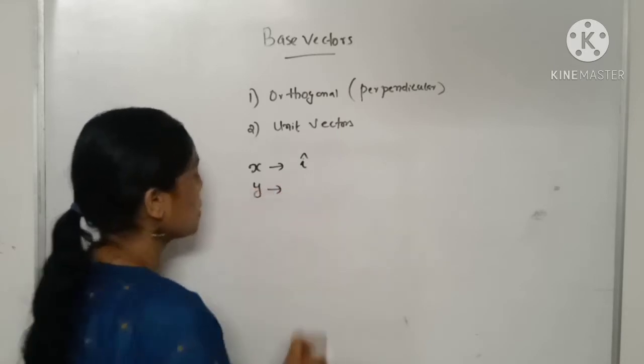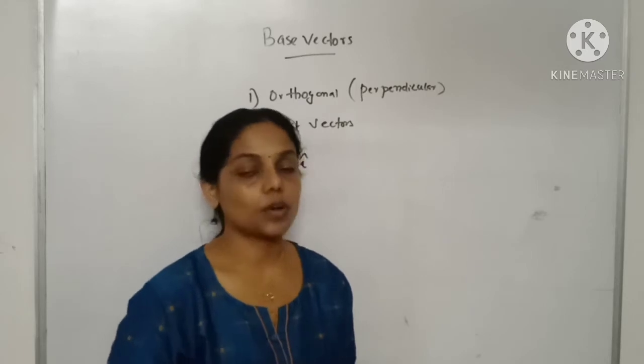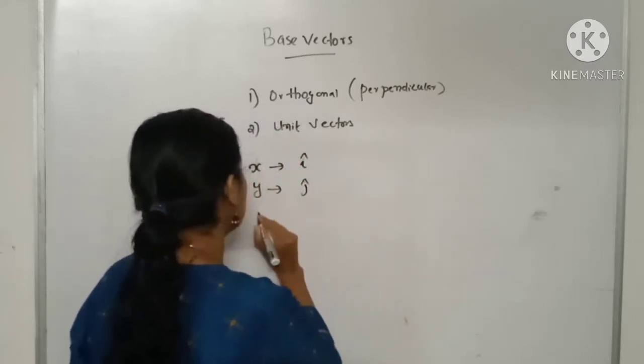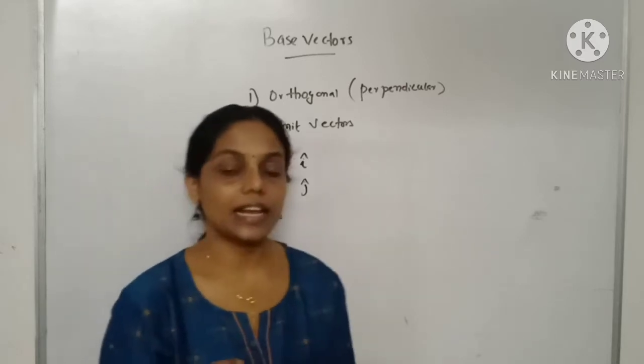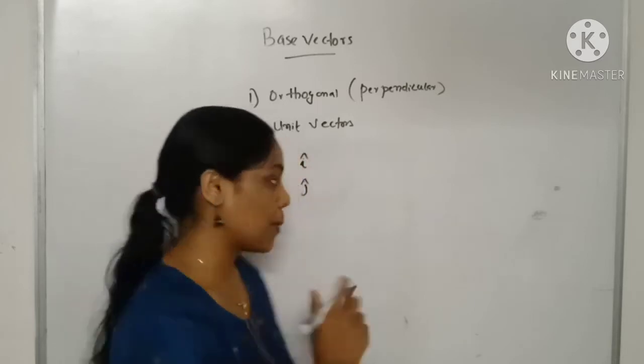Likewise, the unit vector along the y axis is denoted by j cap, and the unit vector along the z axis is denoted by k cap.